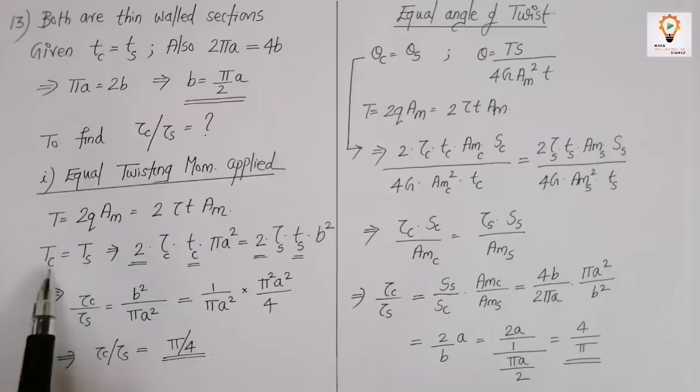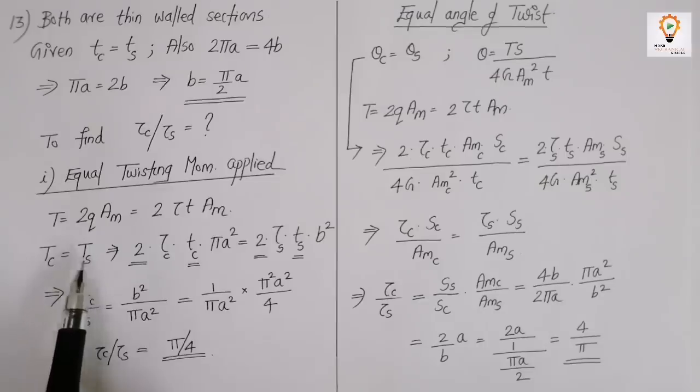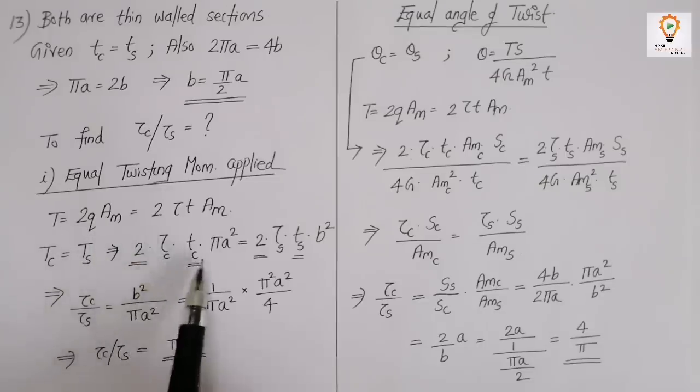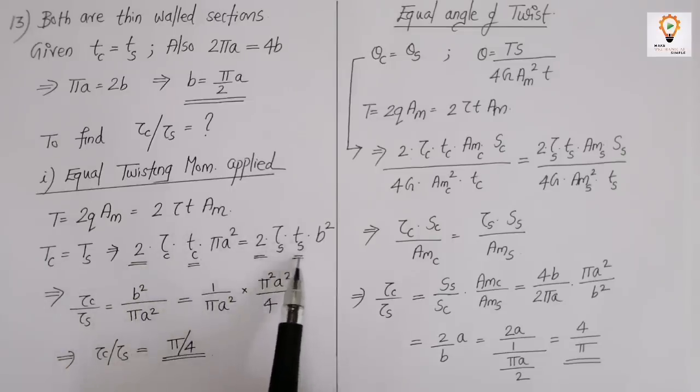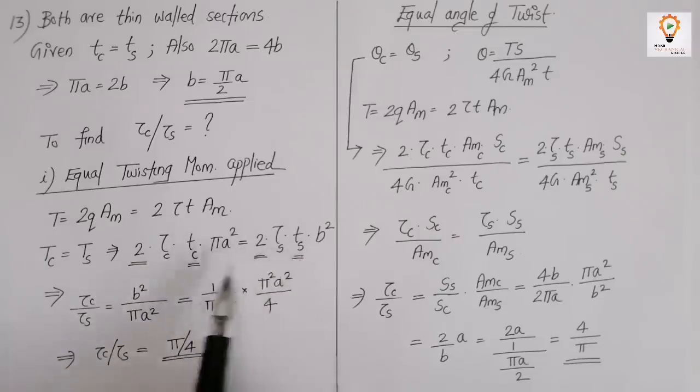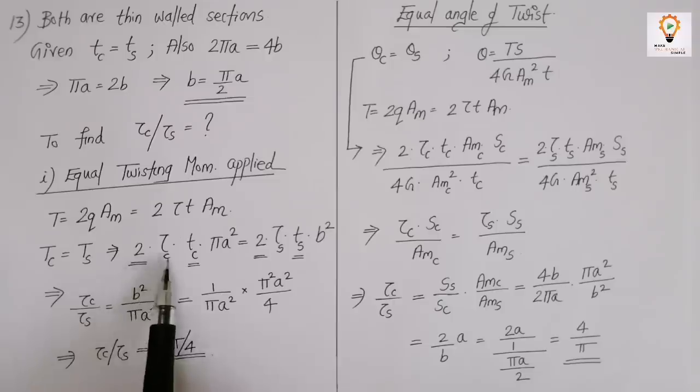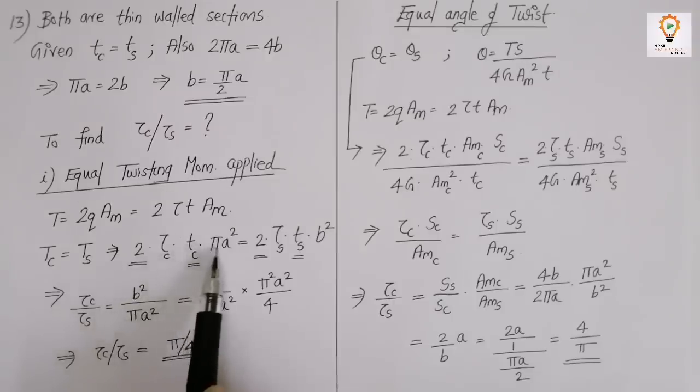So here we have torque of the circle is equal to torque of the square, which means I am introducing the suffix of circle C to all the components in the LHS and the suffix S to all the components in the RHS. So then I will get 2 tau C tC into area enclosed by the circle, pi a square, that is the cross sectional area.